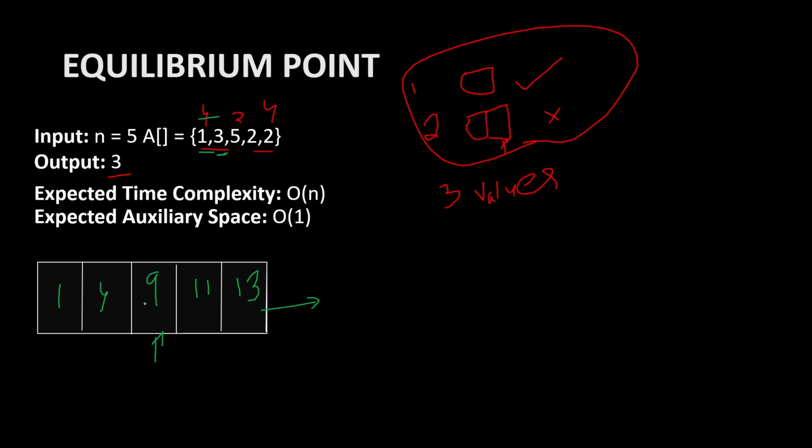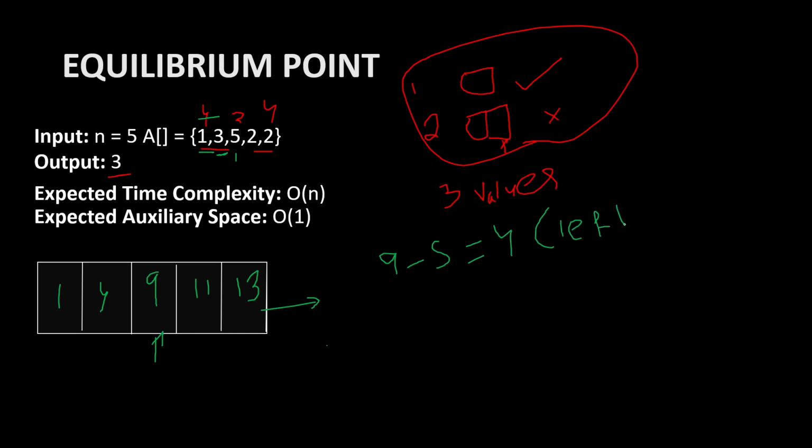So 9 minus the current array value, which is 9 minus 5, is equal to 4, and this will be the left side value of the array.